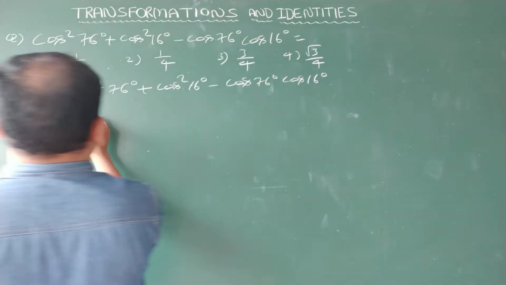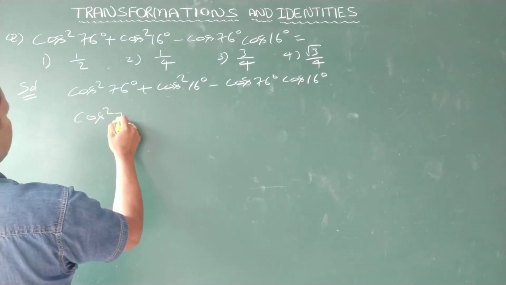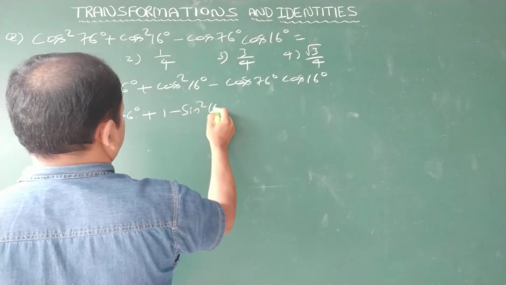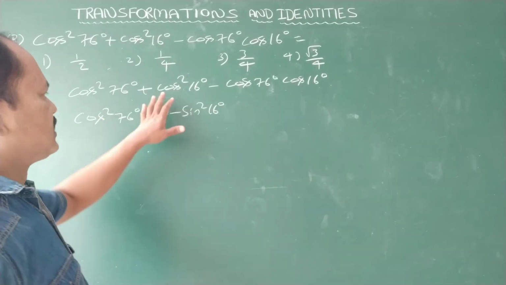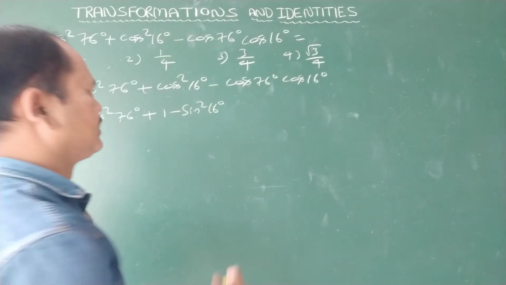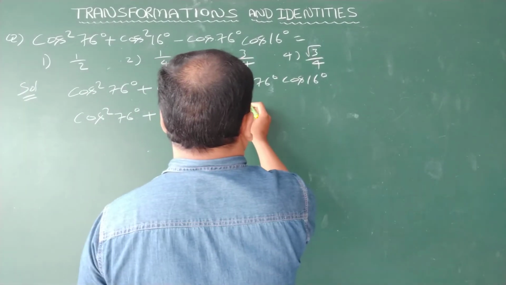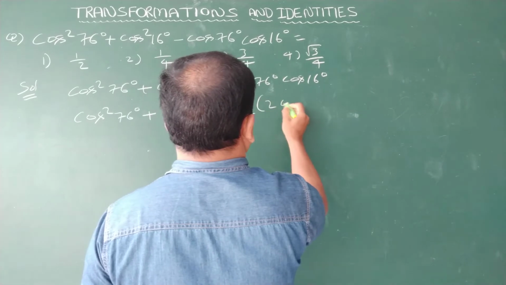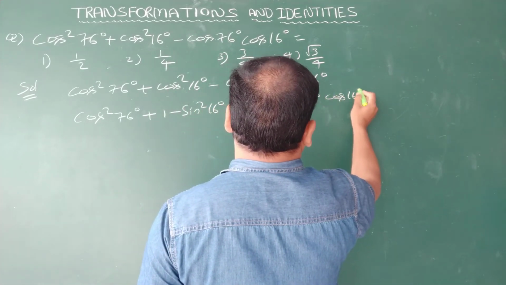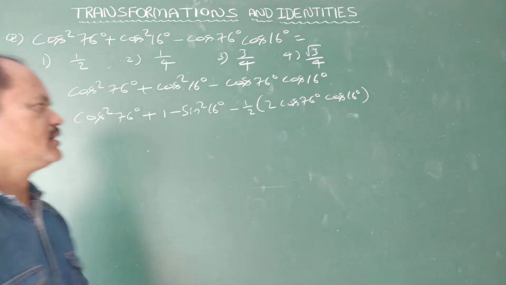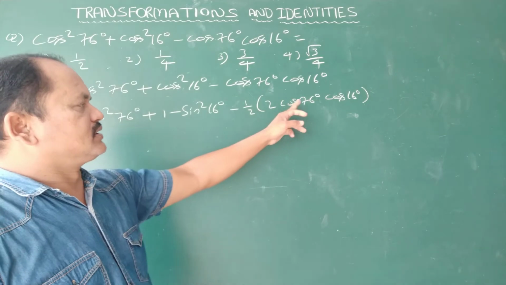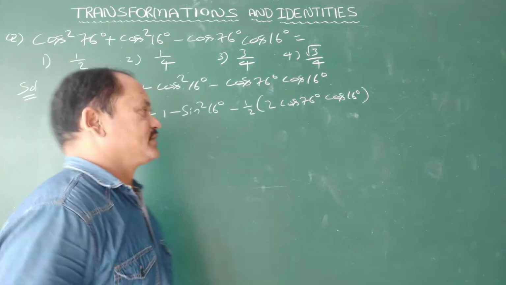So this can be written as cos square 76 degrees plus 1 minus sin square 16 degrees, since cos square theta is nothing but 1 minus sin square theta from the identity. Minus, here divide and multiply by 2, then 2 cos 76 degrees into cos 16 degrees.